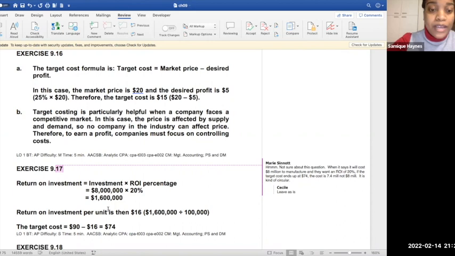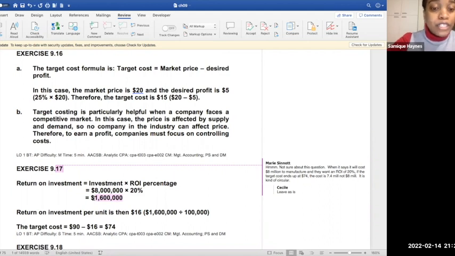So what we realize is that because the target cost is the price minus our desired profit, we need to find out what our desired profit is. They gave us the price, $90, and they told us the return on investment needs to be 20%. We know we invested $8 million, so 20% of that is $1,600,000.